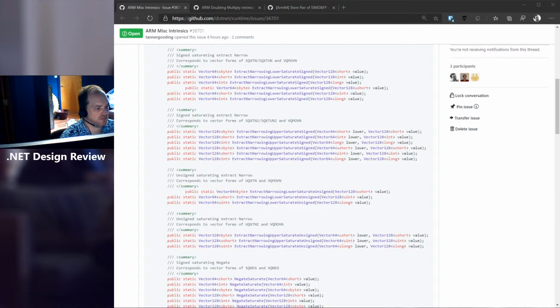That kind of suggests lower and upper. So extract, narrowing, saturate, extract, narrow, saturate, upper.